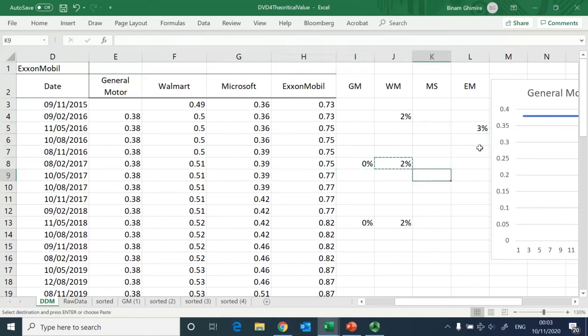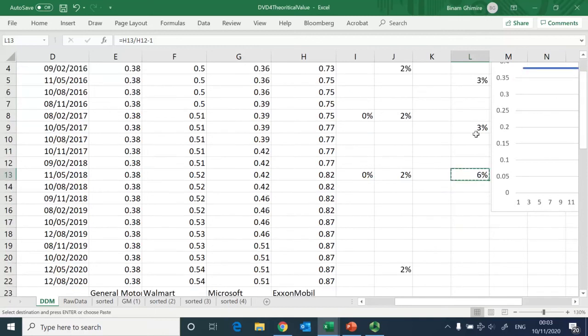So when the dividend was changed, again that's 3%, but between here we can find, oh, that's 6%. So we can see it is not constant, it is non-constant, but it's 6% again here.